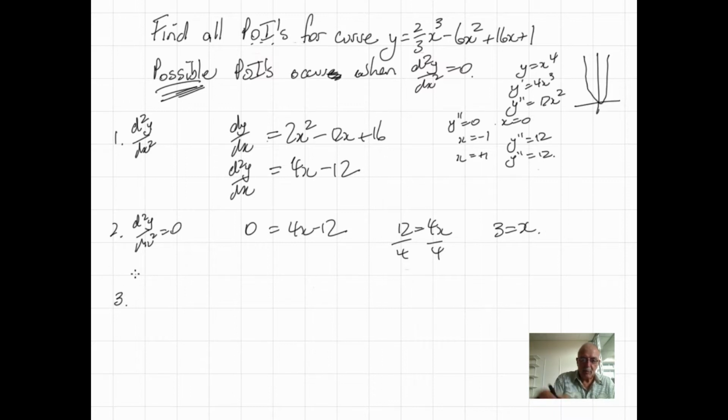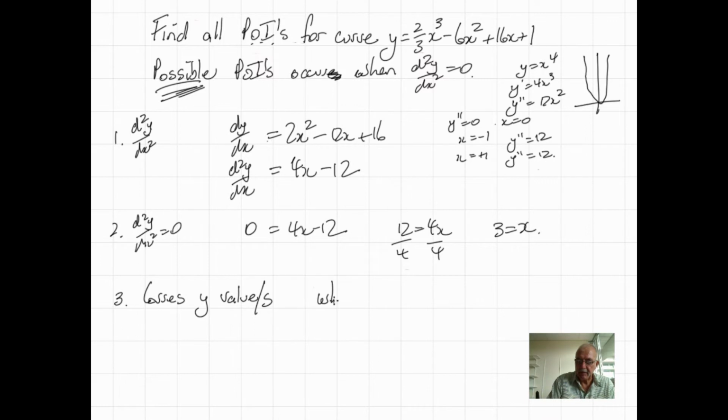What was the third step with turning points? Going back to our template idea, the third step was to find corresponding y values. And if there is more than one x value when you have the second derivative equals 0, well, you've got to find more than one y value.